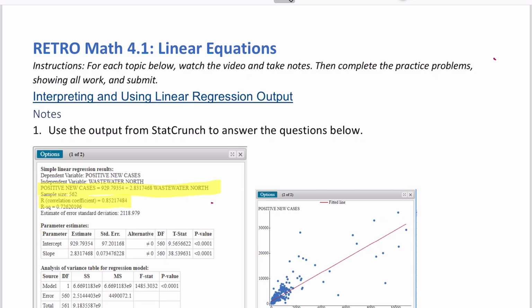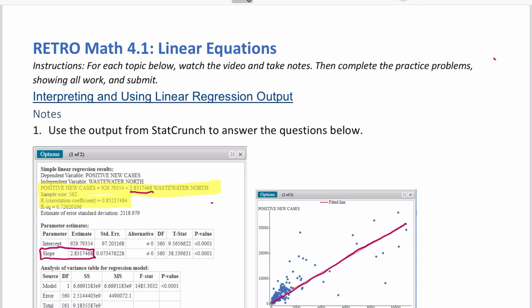And then the third thing you're going to look for is the slope. The slope can be found a couple of places. It can be found in the equation, but it's also right here, if you want to pull it from there and look at it from there. Either place, same number, same value. It's the slope of the line. So it's the slope of this line that we've been given over here in this picture.